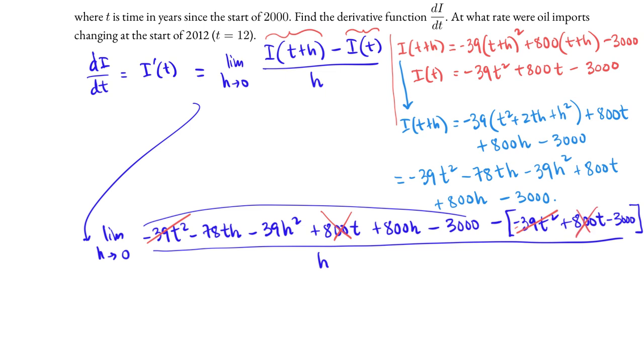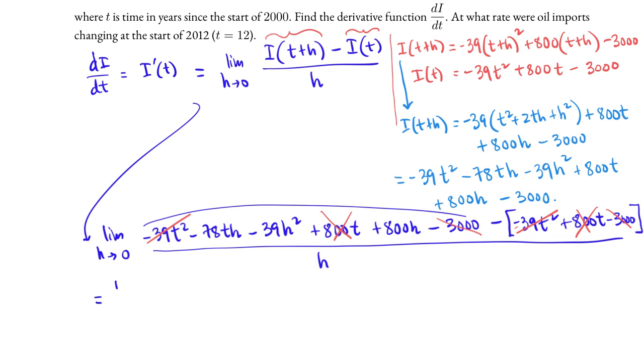And lastly, negative 3000 minus negative 3000. If we do this correctly, we should be able to cancel everything in this bracket. This is why, oftentimes with this type of problem, we put the second term inside the bracket, because there is a good chance that we will be able to cancel them all out.